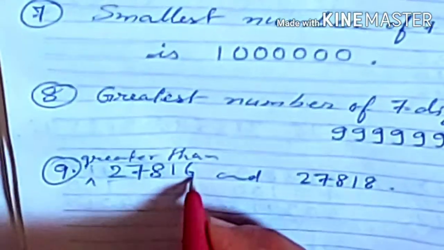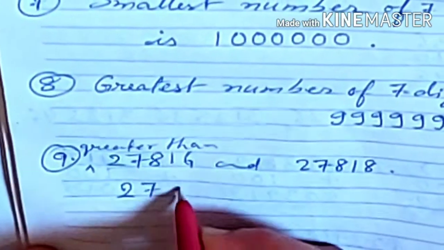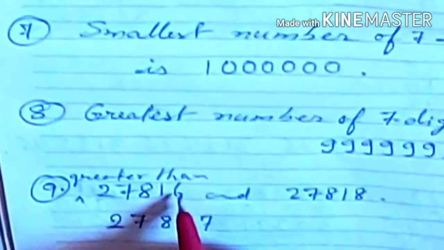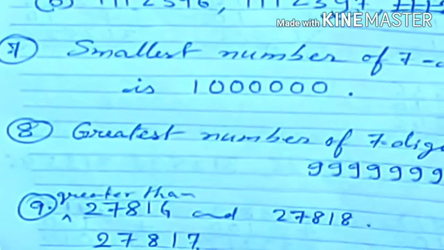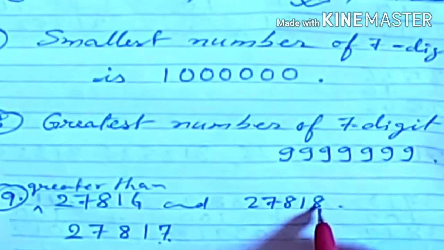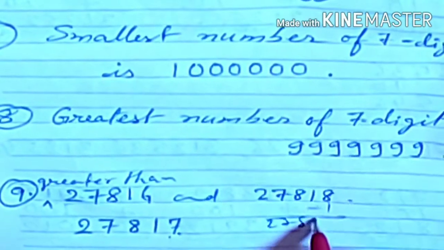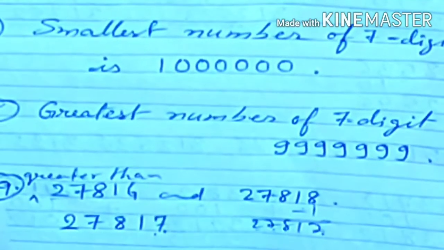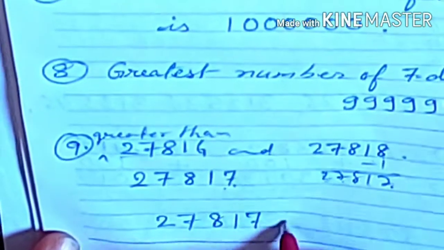To find the number greater than this, we have to add 1 to this number. When we add 1, we get 27817, because after 6, we get 7. And for the number less than this, we have to subtract 1 from this number. When we subtract 1, we get the same number, 27817. So the answer is 27817.